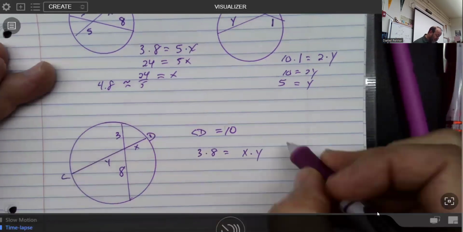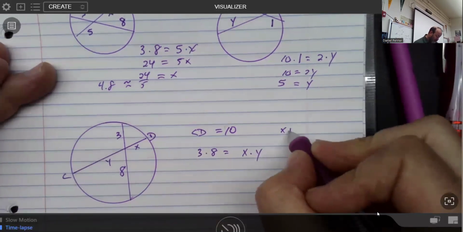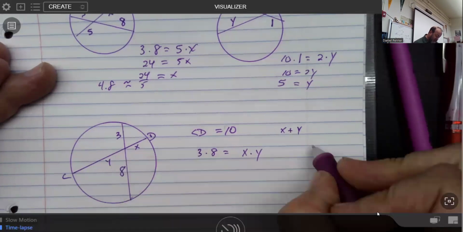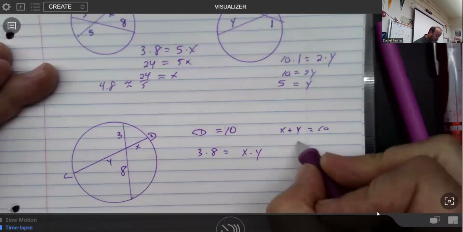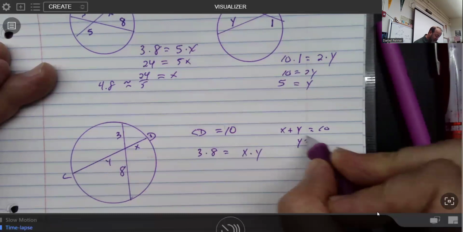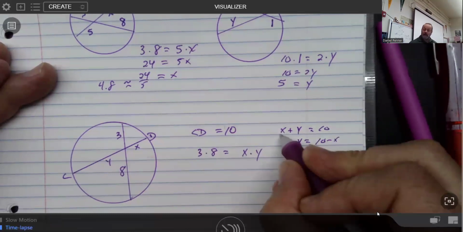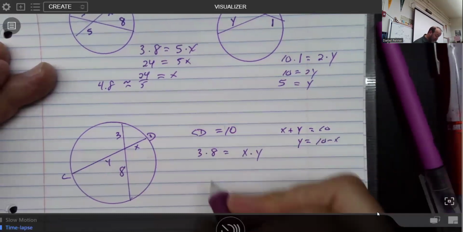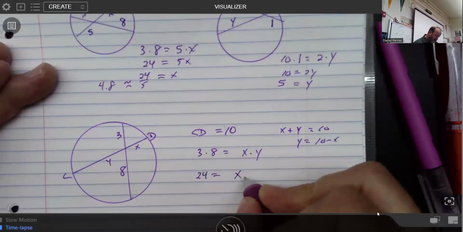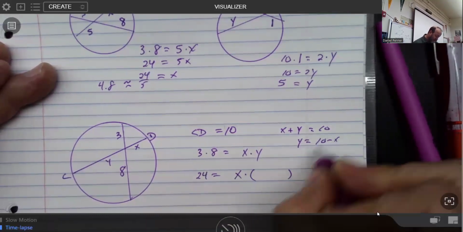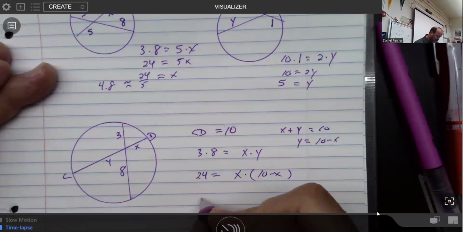But I also know that x plus y, according to this, has to be 10. Or equivalently, I could say y is 10 take away x, because if I subtracted x from both sides. Now, as such, what we can do is I could replace this y here with 10 minus x.